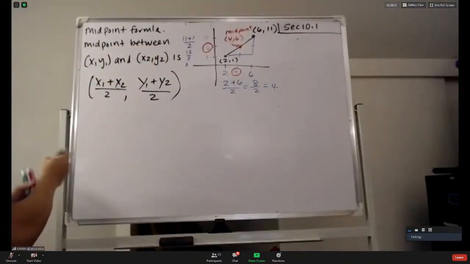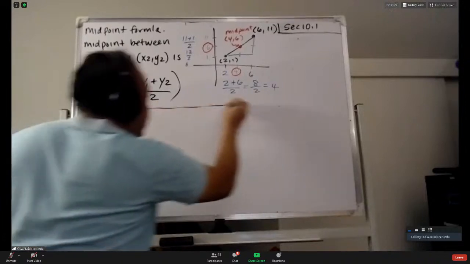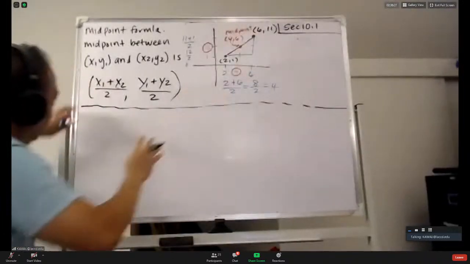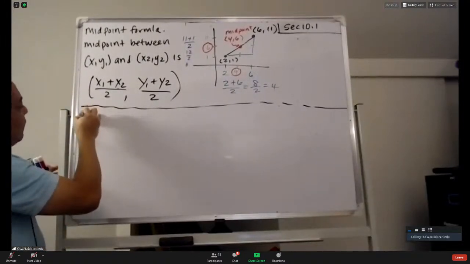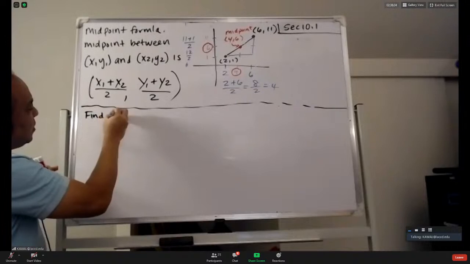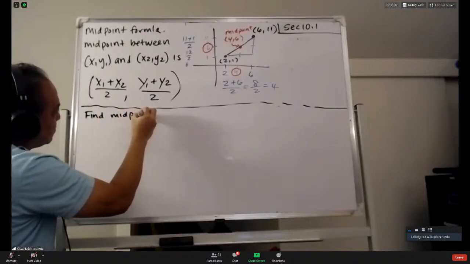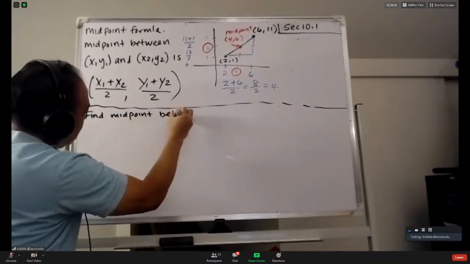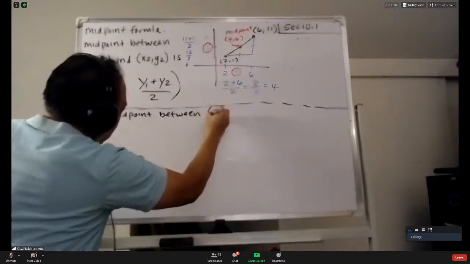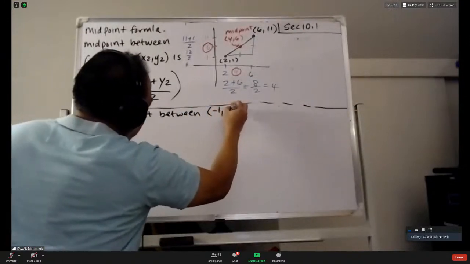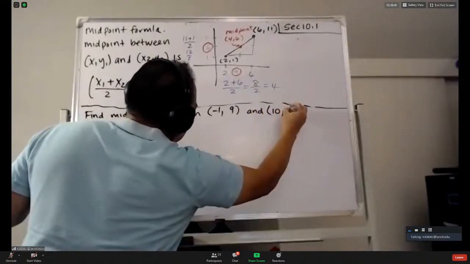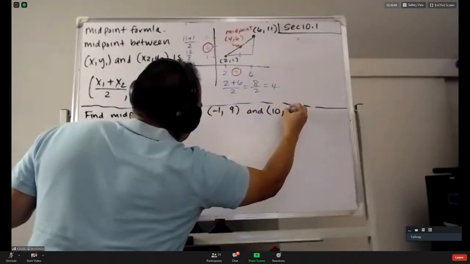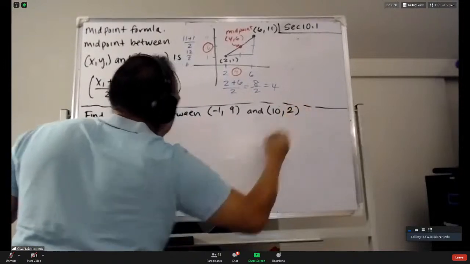On your exam, you don't have to copy that. You just need to know to use this. Find the midpoint between (-1, 9) and (10, -2).